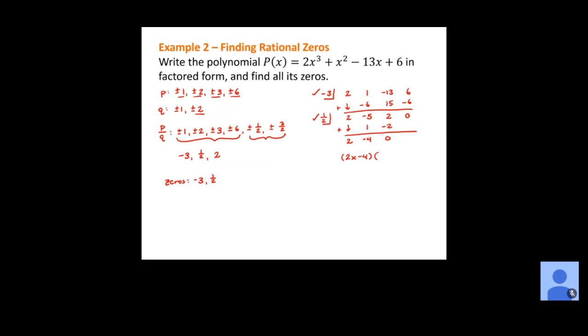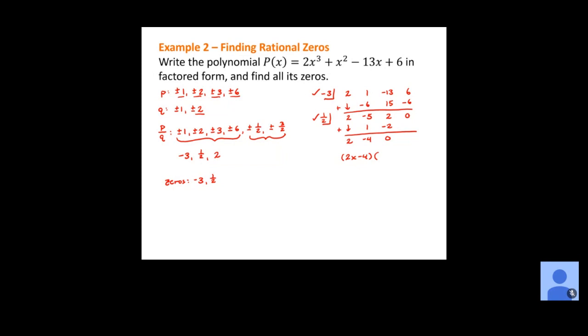Okay, so the negative 3 and the 1/2 are zeros. So what would be the factors from those? So I don't want to go back to the 2x squared minus 5x plus 2, because I've already factored out or divided out one of my zeros from that one to get down to 2x minus 4. So I just want to think about now, I know the other 2 zeros, so what have to be factors in this case?